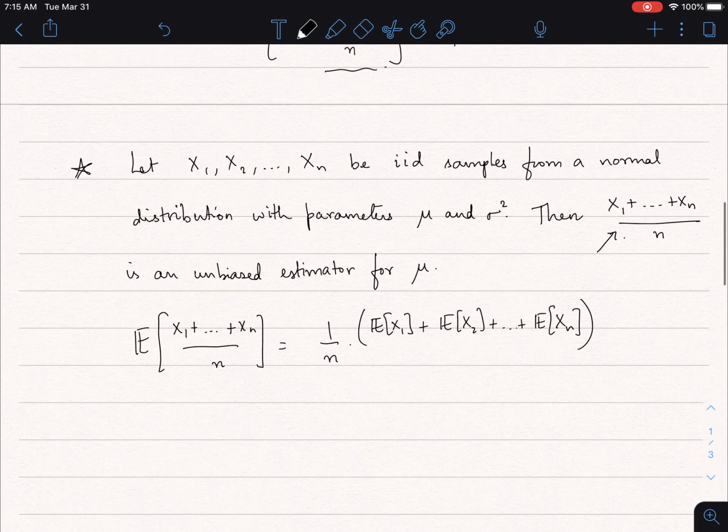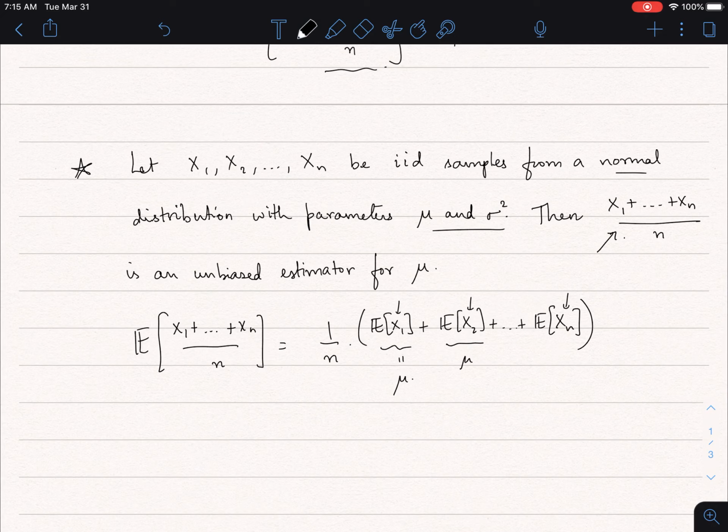Each of these is equal to mu, because each of x1, x2 up to xn is distributed as a normal distribution with parameters mu and sigma, and by definition the expected value of the normal distribution is mu.